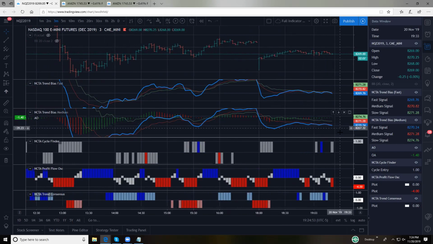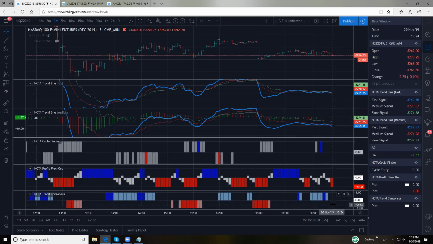And it's super easy to see this way. I thought this was a really outstanding idea that Aaron had, to just combine it, and New Cycle Trading has adopted this also. But I can so easily see now that both of my trend bias are pointing lower because the blue bar is at the bottom, without having to scan down.